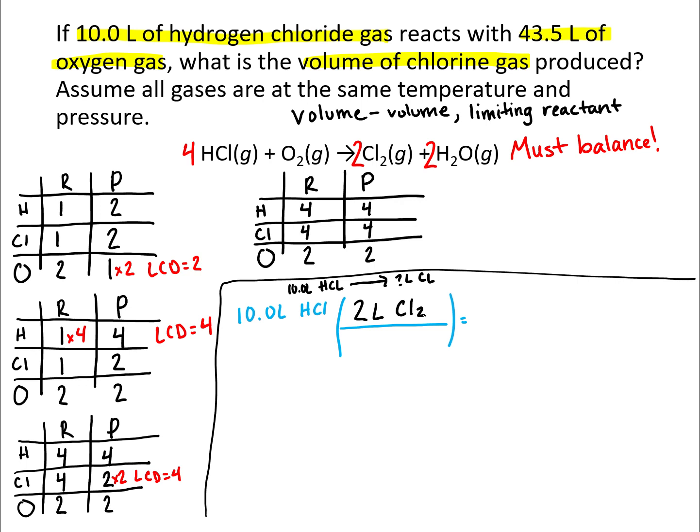On the bottom, we're going to have the number of moles, or liters rather, of HCl. So in your calculator, you're doing 10 times 2 divided by 4. So that's 20 divided by 4, which gives you 5.